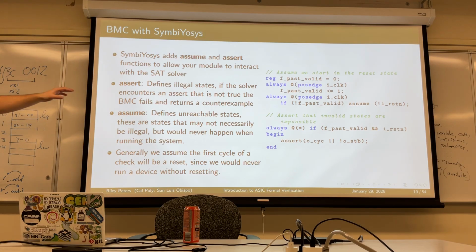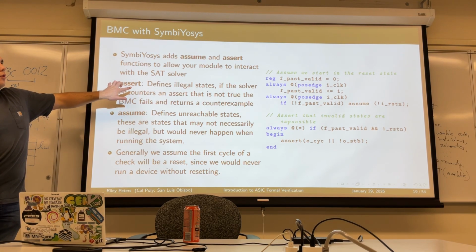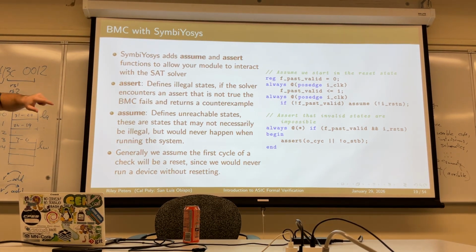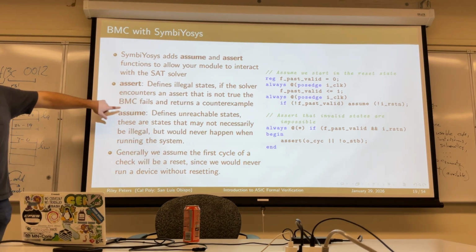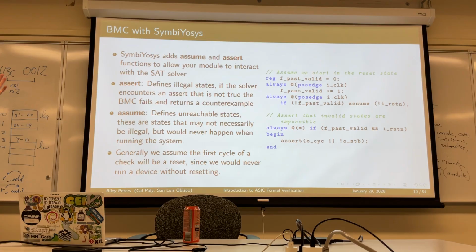It's the same kind of idea where it defines what things are illegal by saying if the solver encounters an assert that isn't true, then the BMC has failed. So you assert some property that should always be true, and if it's not true, the solver will tell you and give you an example of how it found a way to make that assertion not true.